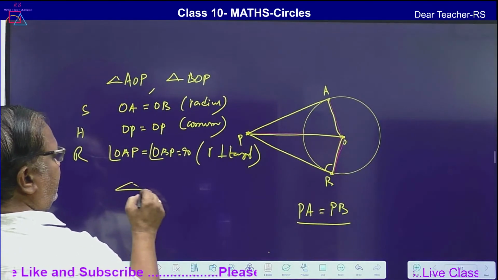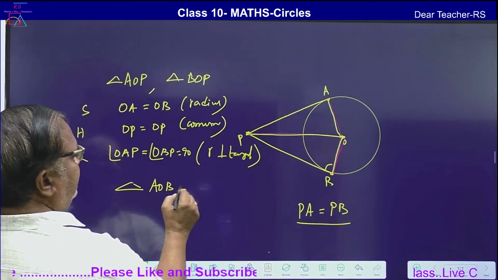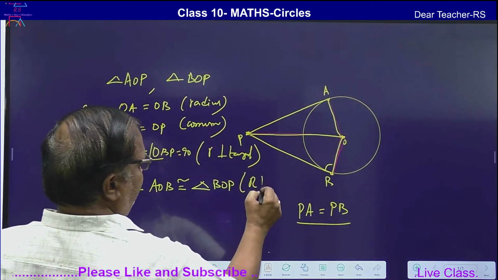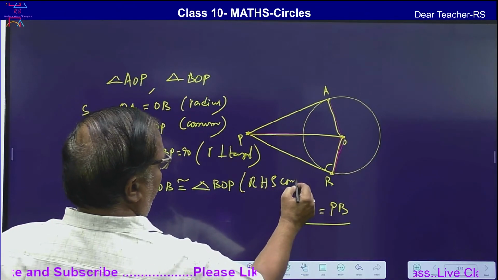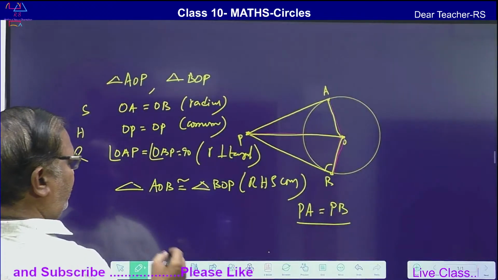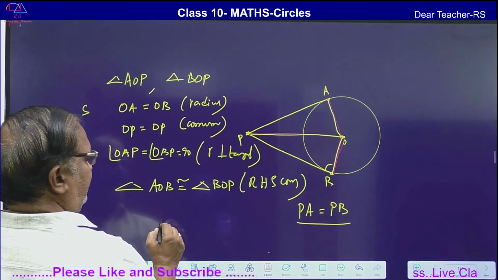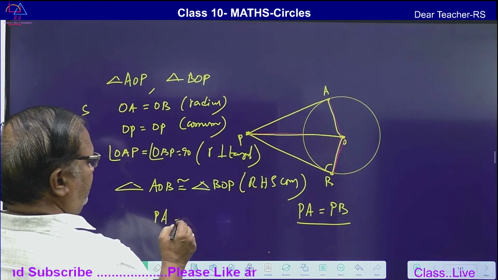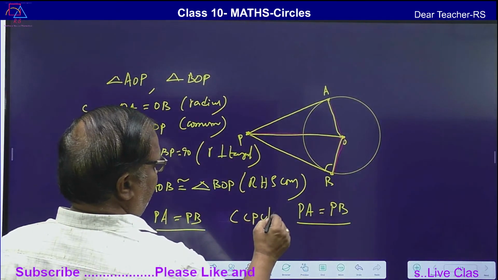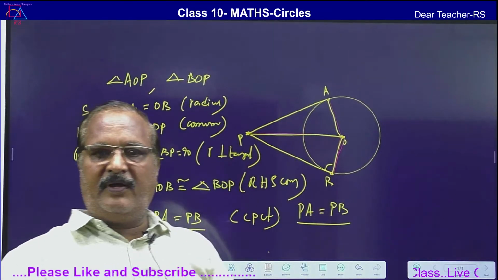By RHS, triangle AOP is congruent to triangle BOP. Therefore, by CPCT, PA is equal to PB. CPCT means corresponding parts of congruent triangles.